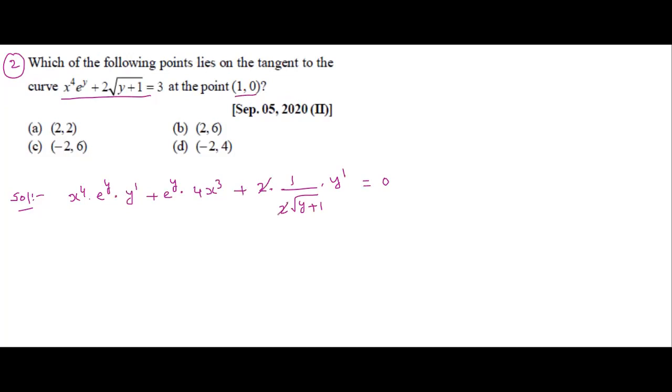These two cancel. Here observe that where is y dash? Here and here, these two places. So take y dash common.